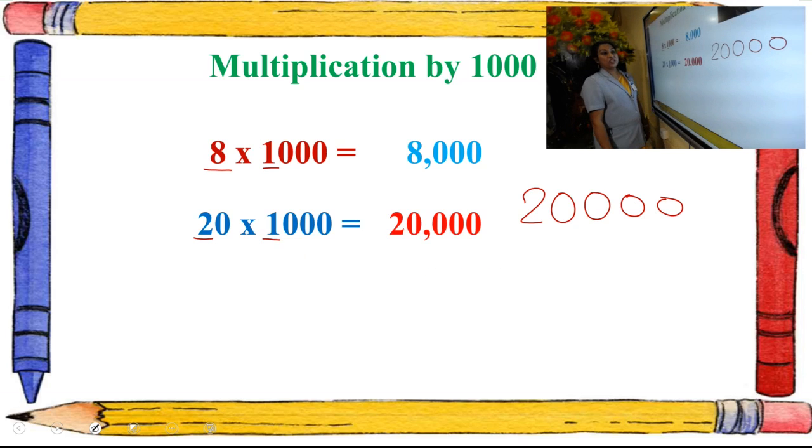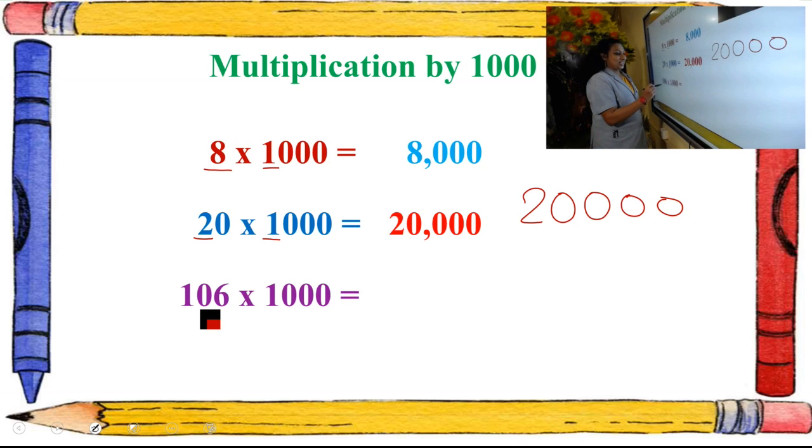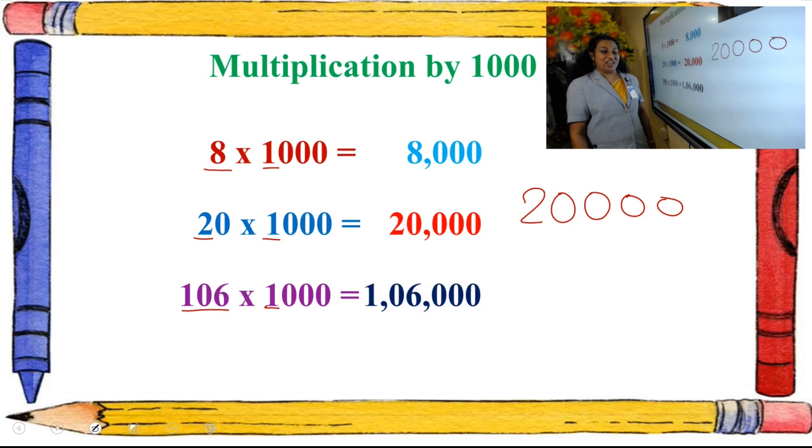So it is 20,000. Next, 106 into 1000. What will be the answer? 106 into 1, 106, and count the number of zeros. How many zeros? 3 zeros. Then what will be the answer?